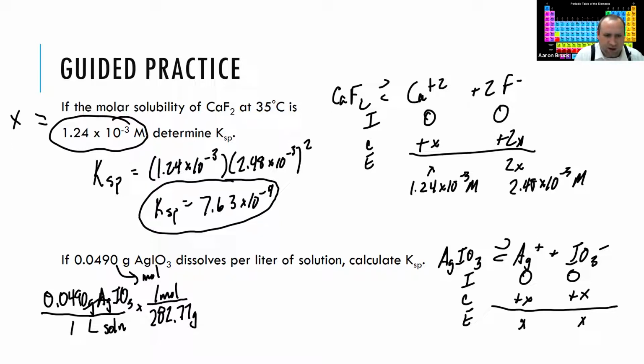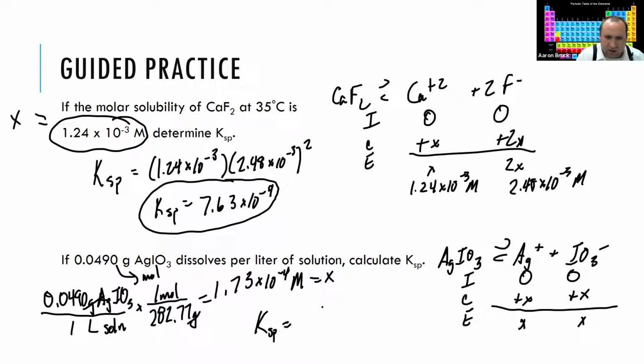So my grams will cancel. I'll be left with moles per liter, which is molarity. 0.0490 divided by 282.77 to 3 significant figures is 1.73 times 10 to the negative 4th molar. And that is our X value.